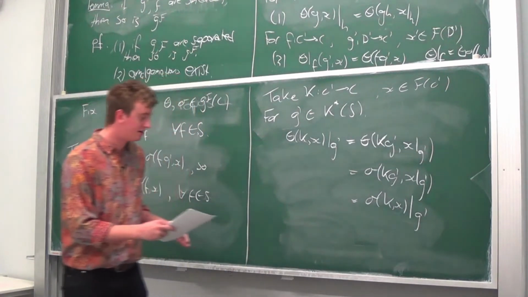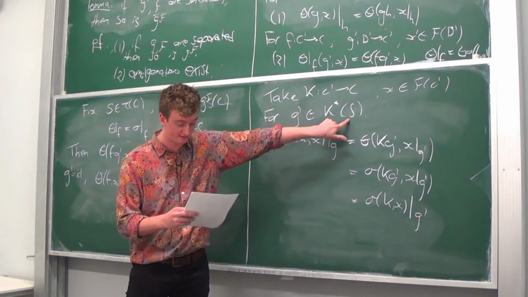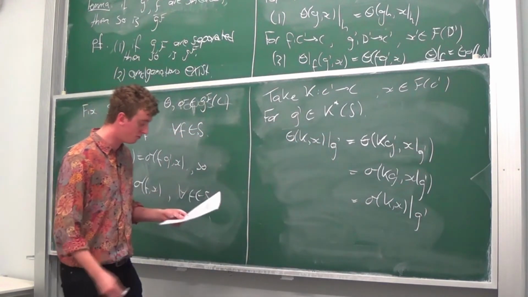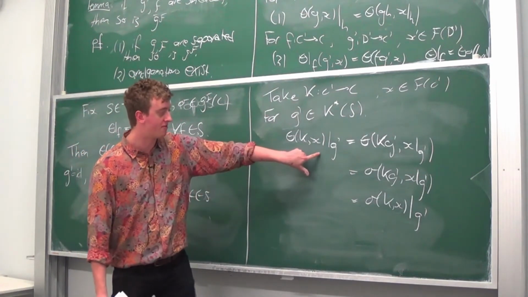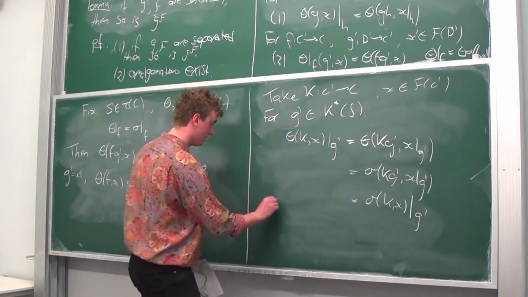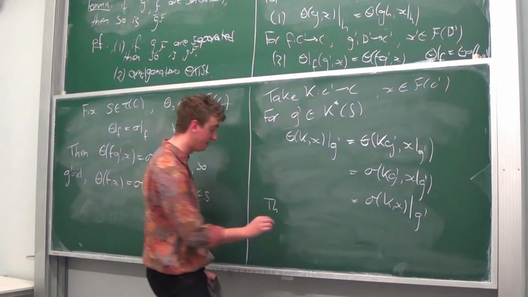But now observe that the pullback of the sieve S by K is a cover of C prime. So since we assume that G is separated, these form a matching family. But then that means that both theta of Kx and sigma of Kx amalgamate this matching family.